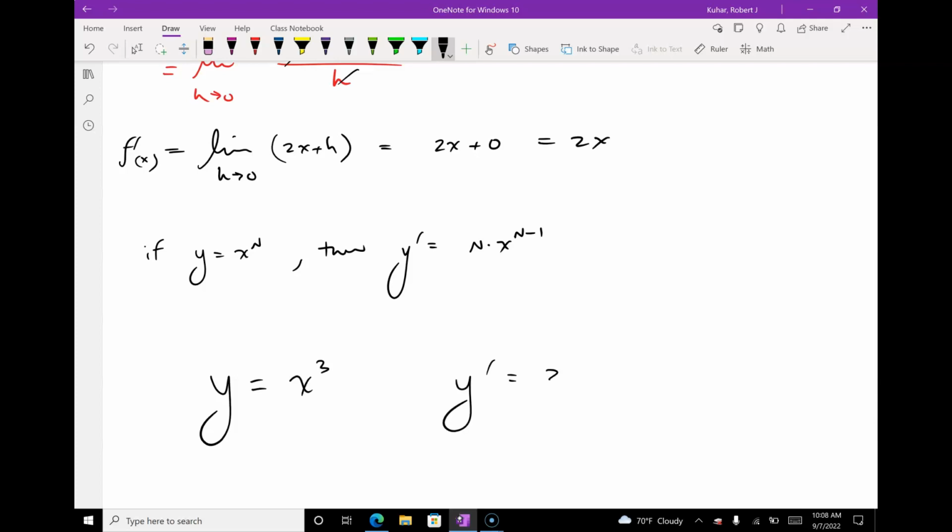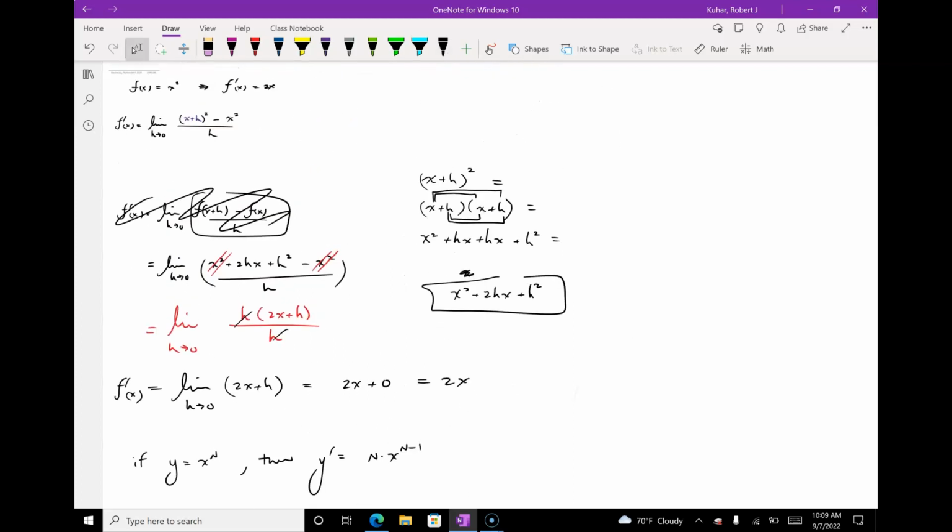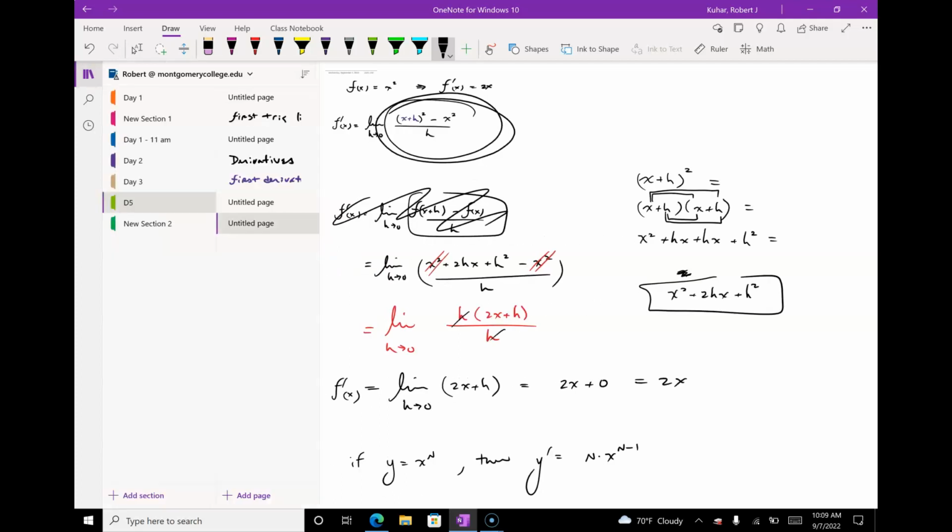Yes, y prime is 3x squared. Good. Right? Bring down the power, reduce the power. And it should make sense why I'm reducing the power by 1. Why does it make sense? What am I dividing by? What am I dividing by when I'm doing this limit? Let's look at this version.